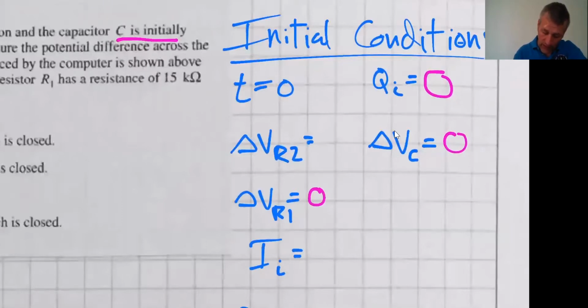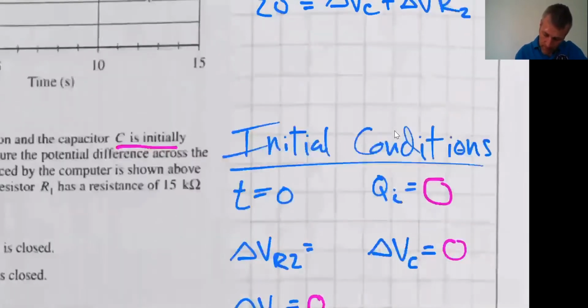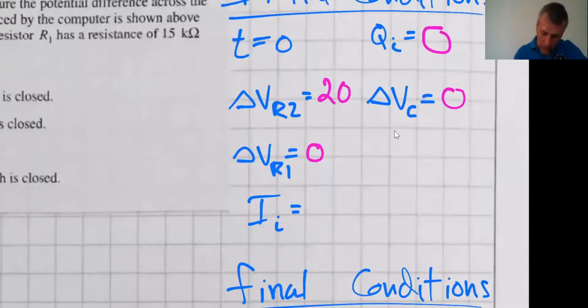And if R1 has 0 volts across it, if we come back up to this equation here, that means all of the voltage is going to be across R2. So this one will start off with 20 volts across it.